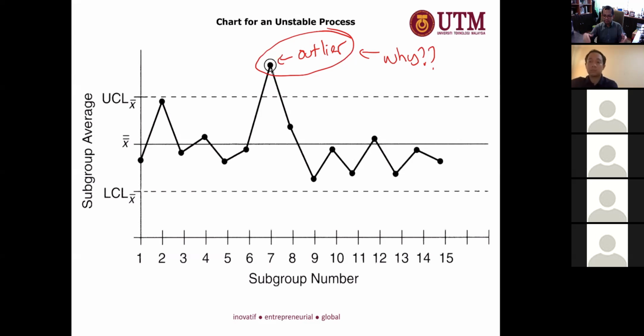We do it the longer way: when we have an outlier in your SPC, you have to reject this. You have to delete this. When you delete this, your n is reduced by 1. So your X double bar changes. Also your R bar changes.